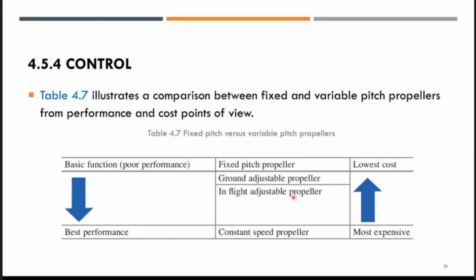The moment you have more complicated components, the engine is going to become heavier. You need all the mechanisms to adjust the propeller pitch, and it becomes more complicated and more expensive, but it will produce the best performance. So you have to decide whether you want better performance or better cost saving.